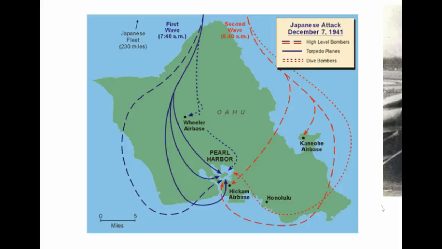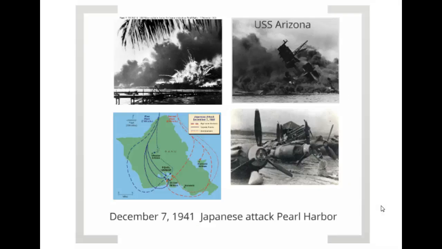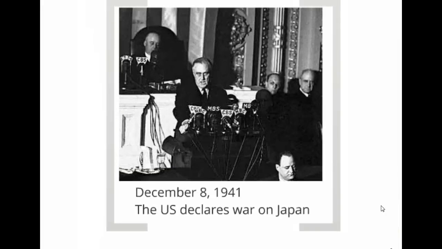And Japan actually makes two separate strikes approximately an hour apart from each other, and does the damage that you see here in the pictures, essentially destroying most of the United States' Pacific fleet so that we can't even get into the fight. Remember, this is a preemptive strike on Japan's part, so that we don't get involved, and they did an excellent job in the short term of preventing us from getting involved.